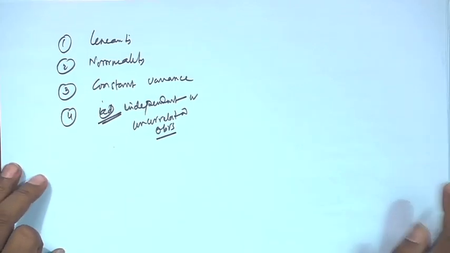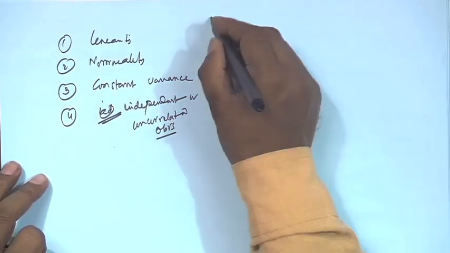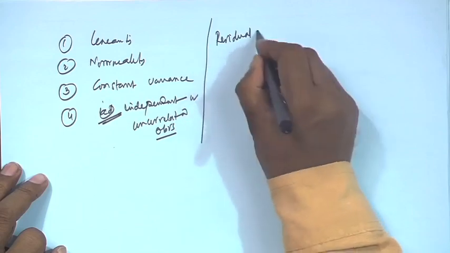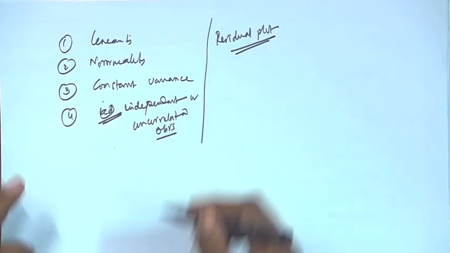From the residual plot we will be able to find all those things. The residual plot will help you in knowing whether they are valid or not.